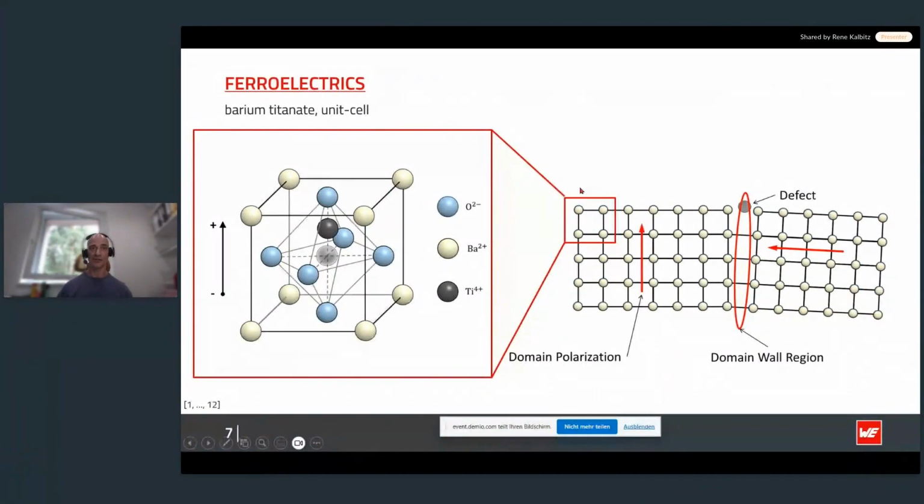The size of the domains, the crystal configuration at domain boundaries, and the orientation of the dipoles within the domains influence the polarizability and thus the permittivity of the material. Therefore, the capacitance of MLCCs will depend on all those things as well, not only on the voltage.